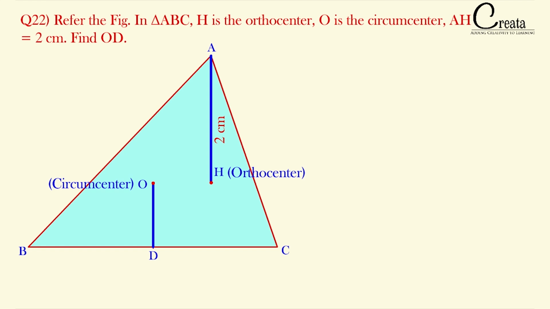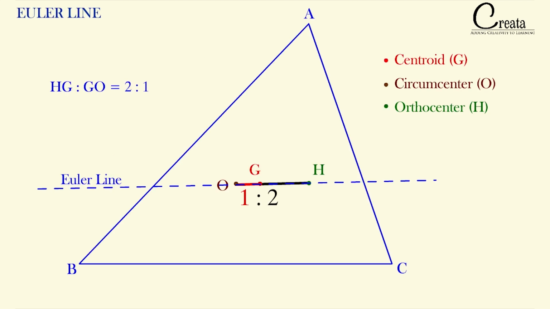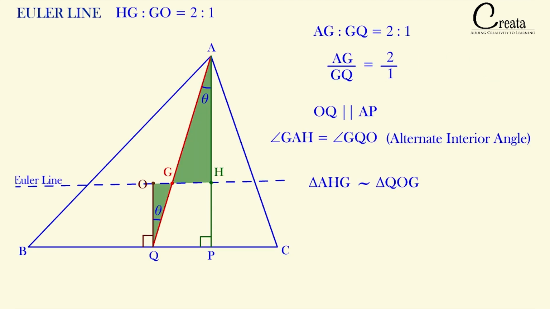Let's approach the question. How to approach this question? For that, we have to go back to the fundamental of the Euler line. Do you remember in the Euler line, we have done the fundamental, that is HG is to GO is equal to 2:1? Do you remember that? During the proof of that fundamental, we have proved that both of these triangles are similar to each other.